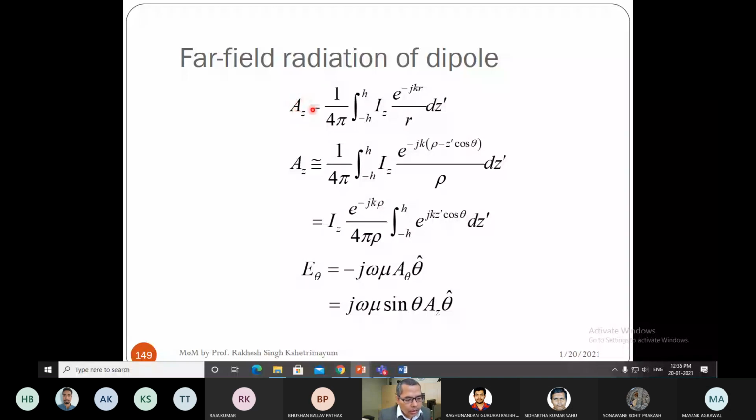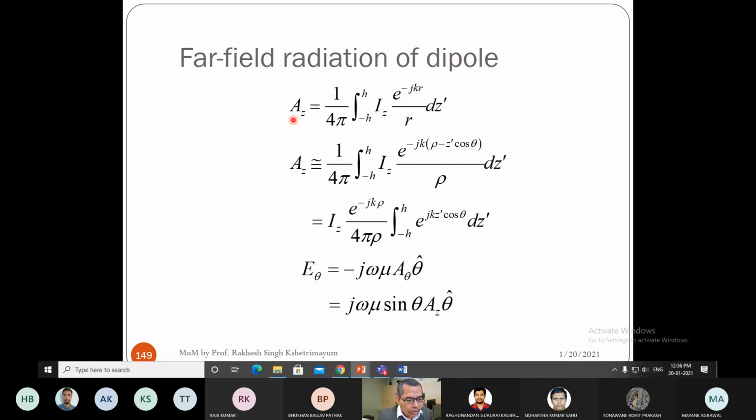Usually we put mu by 4 pi here; I have put mu later on, so you don't need to put mu here. So Az is 1 by 4 pi integral from minus h to h of Iz exponential minus jkr by r dz dash. This is the formula for finding the Az from the current density Iz. From the MoM, I know what is Iz, so I can find out what is Az now.